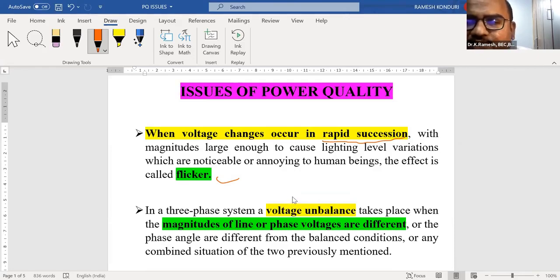Naturally, there will be voltage imbalance as far as the load point of view is concerned. Similarly, during any fault that occurs on a balanced three-phase system, the magnitudes of line or phase voltages become different, which leads to the voltage imbalance.